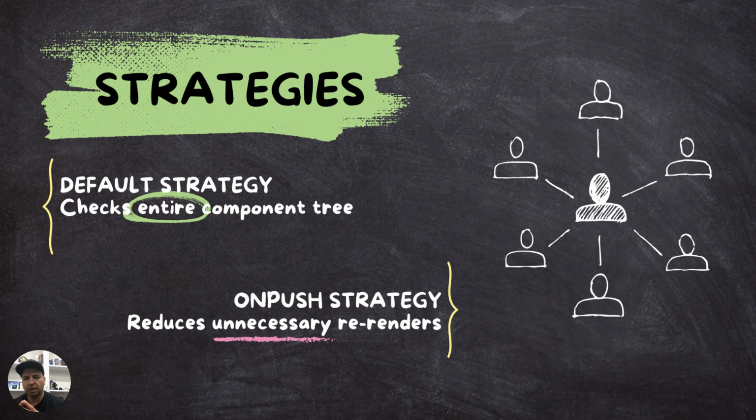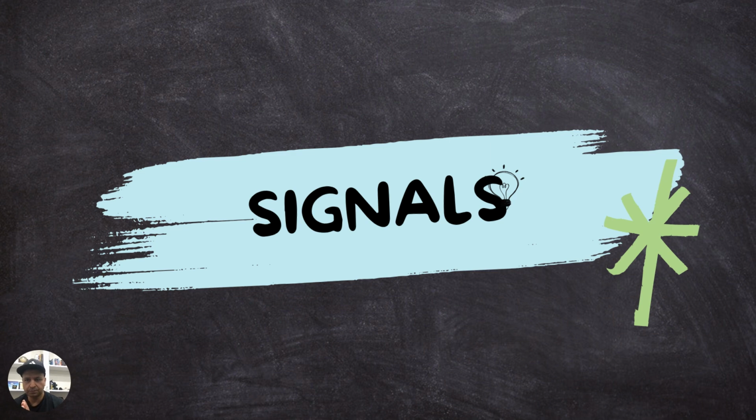But there's a better way to increase performance, and that is by using signals. So let's take a look at what signals can do for us to make this even more performant, especially if you're using RxJS to manage your state, for example, using behavior subjects.